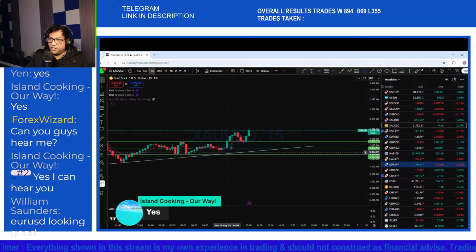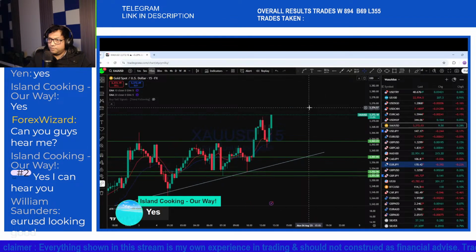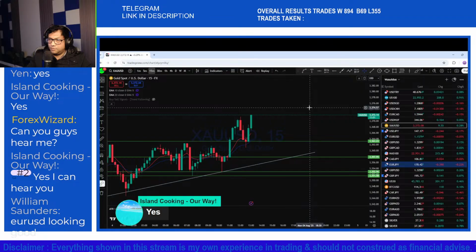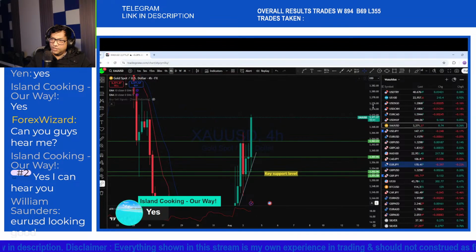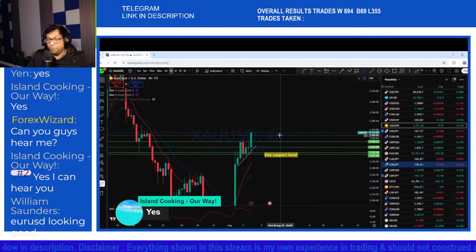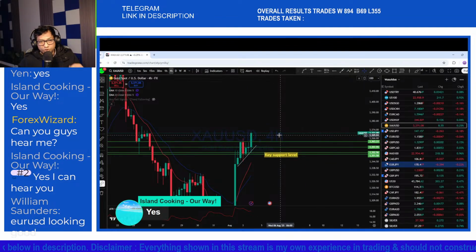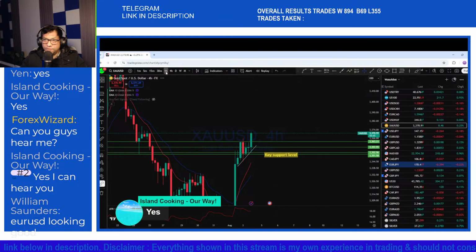Here the market is trending. If you look at the 4-hour again, from this level the market is breaking out of this structure. We may see the market potentially continue to trend back to the upside.